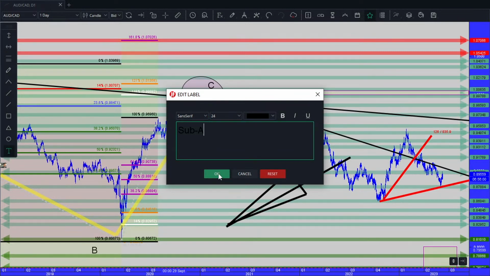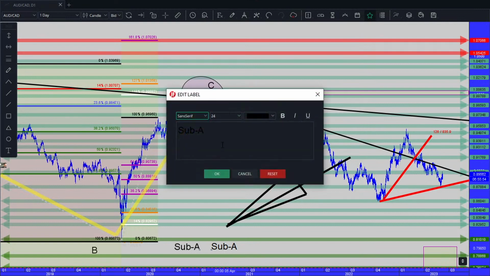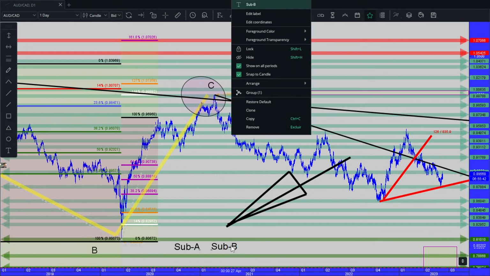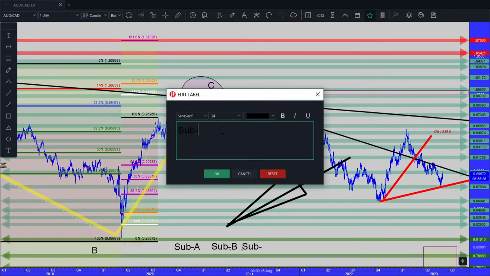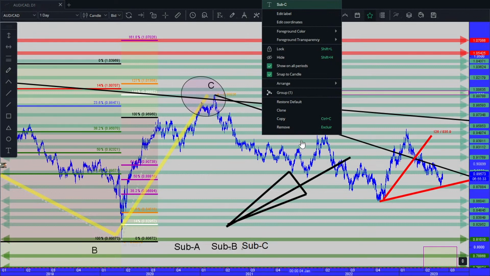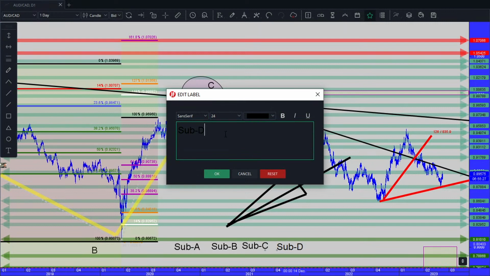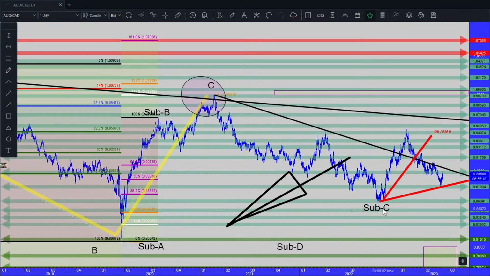Sub A and clone, double click, sub B, and alright, sub B and clone, double click, and sub C and clone and double click and sub D. Our sub A is here, our sub B is up in here, our sub C is down in here.